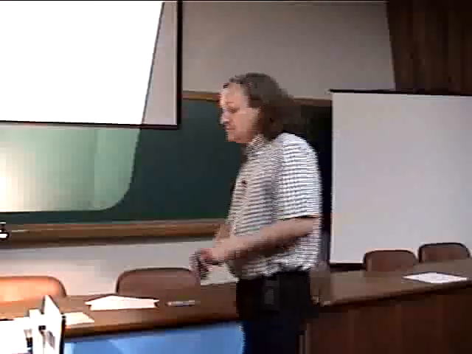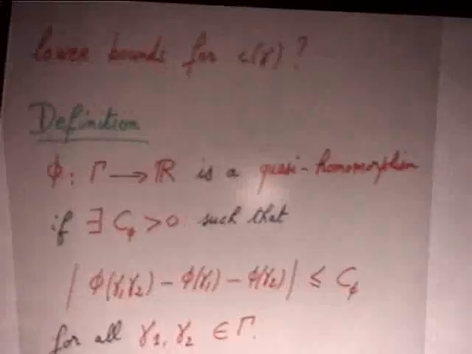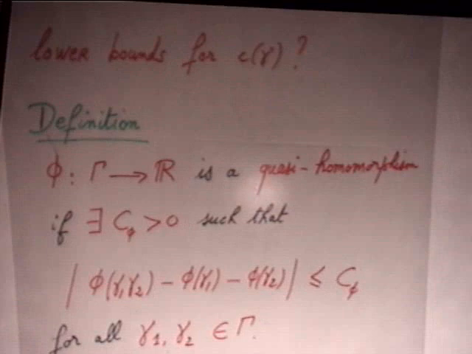So again, I want to stick to a very general context. You have a group gamma and a map phi from gamma to R. Then one says that this is a quasi-homomorphism if it is a homomorphism up to a bounded error.